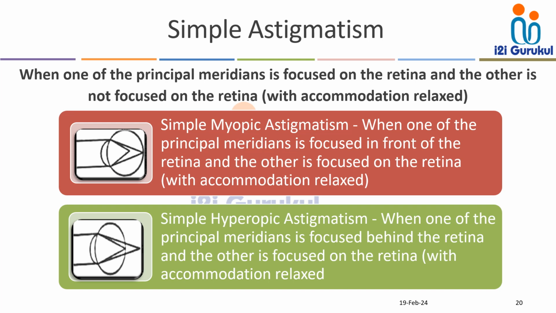In simple hypermetropic astigmatism, one of the principal meridians is focused behind the retina and the other is focused on the retina, with the accommodation at rest. So this is what we call simple myopic and simple hypermetropic astigmatism.